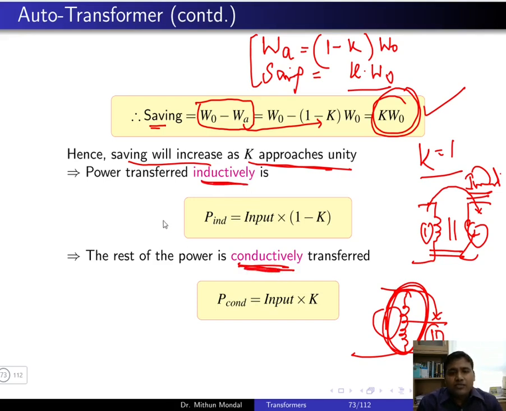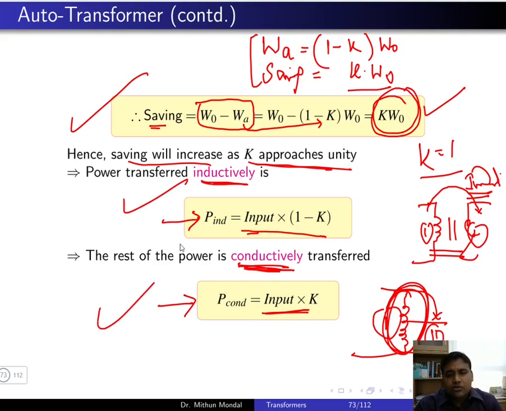So power transferred inductively is equal to the power input into 1 minus K, and the rest of the power, that is the power transferred conductively, is input into K times. So these equations are very important when you try to solve any problem on an auto transformer.